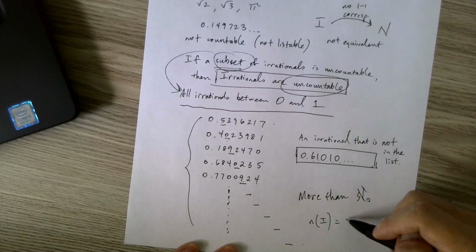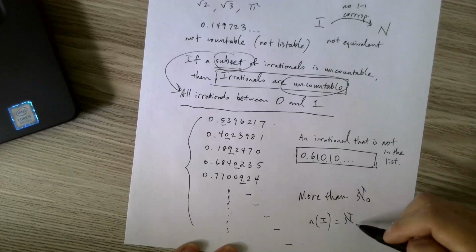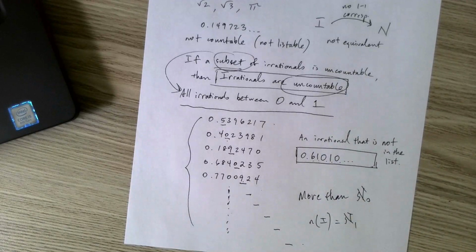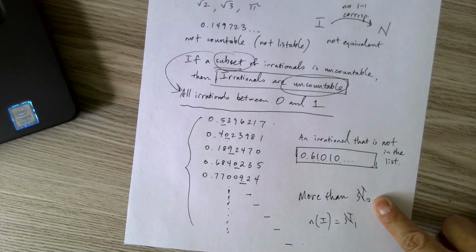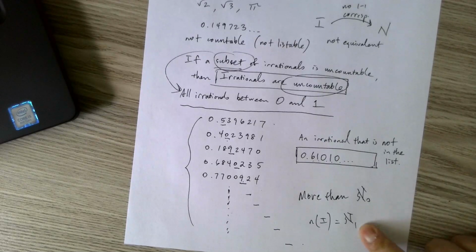So they just called this level of infinity, the one that irrationals belongs to, Aleph One. So Aleph No, that's the cardinality of naturals, wholes, integers, and rationals. Aleph One, that's the cardinality of irrationals.